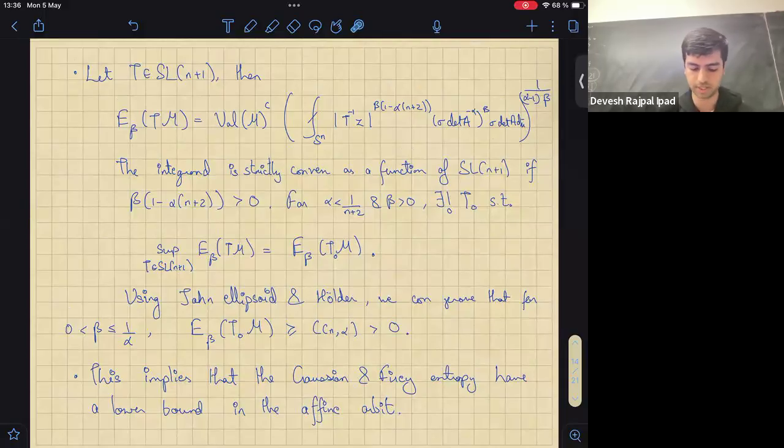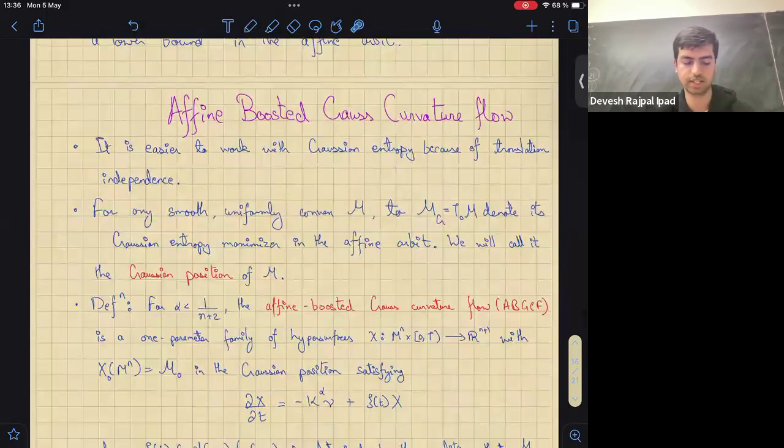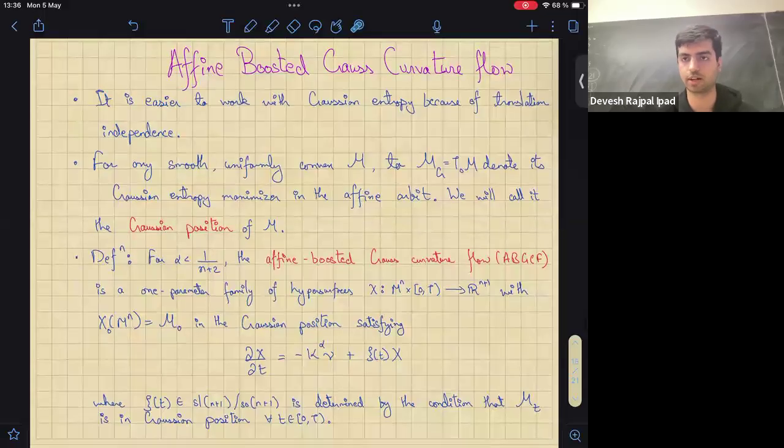And in particular for beta equals 1 and beta equals 1 over alpha, this implies that Gaussian and Firey entropy have a lower bound in the affine orbit. The next step is how should we use this fact now?